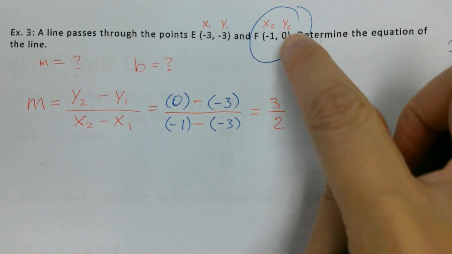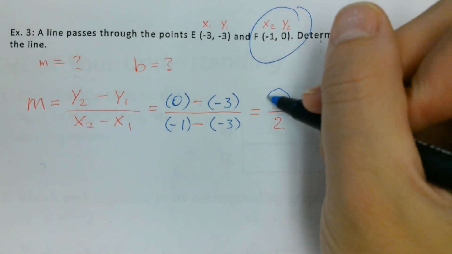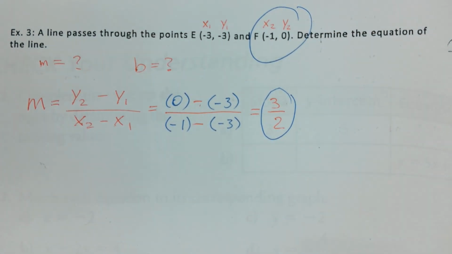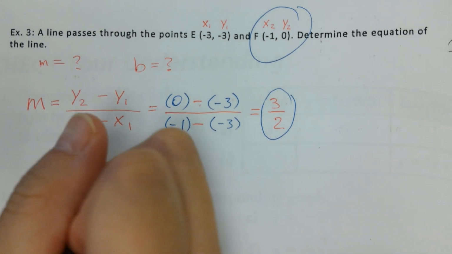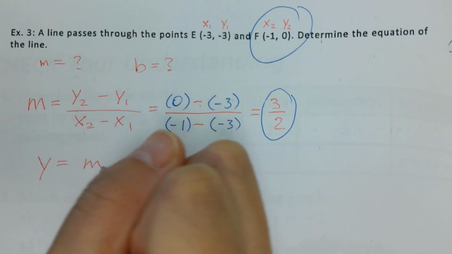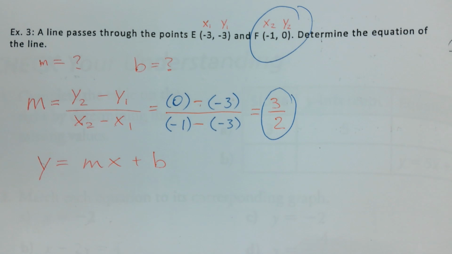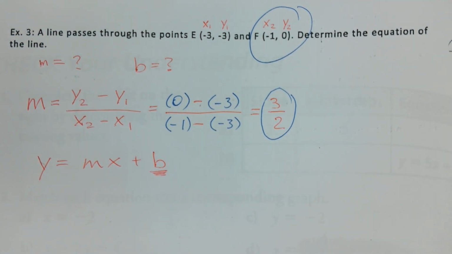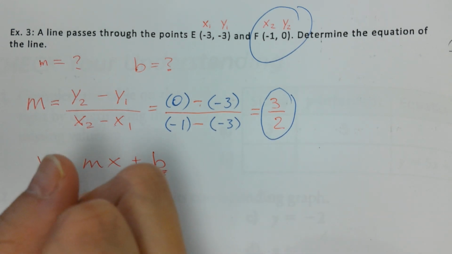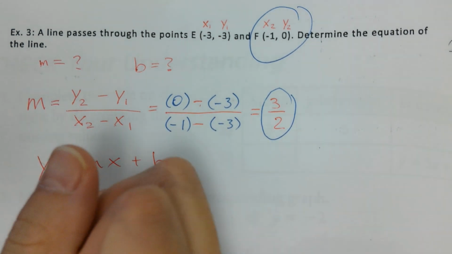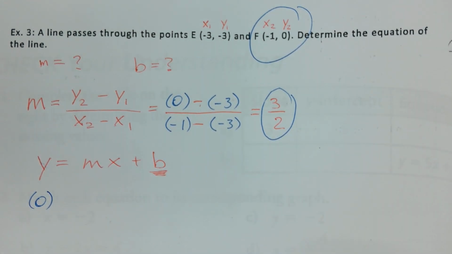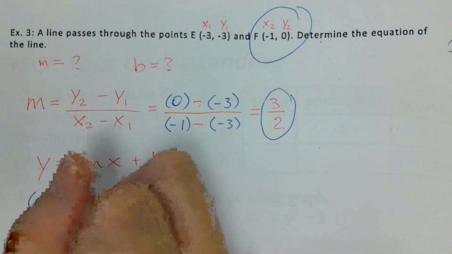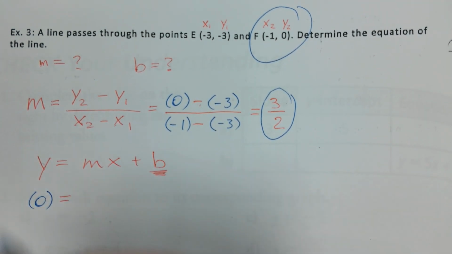Okay, so I'm going to choose this point and the slope and sub it into y equal mx plus b, right, to solve for b. Okay, so my y is 0. My m is 3 over 2.